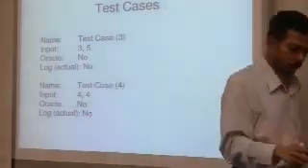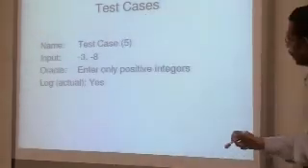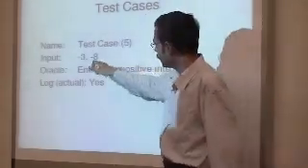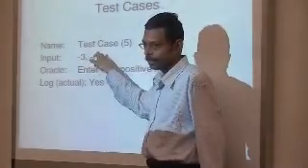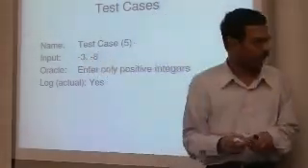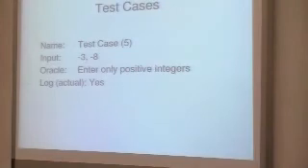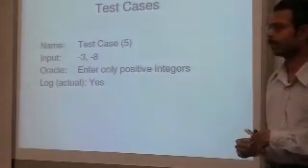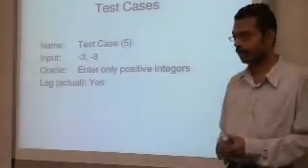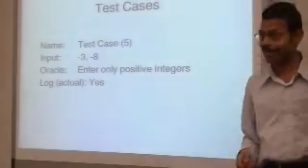And the fifth is what? Both are negative. Both negative is -3 and -8. So how is the program written? The program is written to check first greater than second. So first is -3, second is -8, which is greater? -3 is greater, so it's going to say what? Yes.